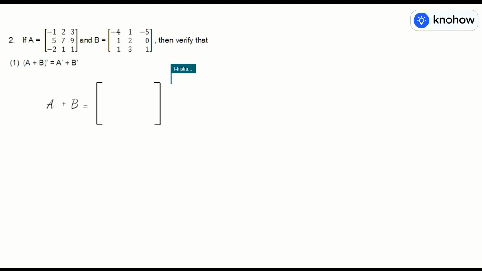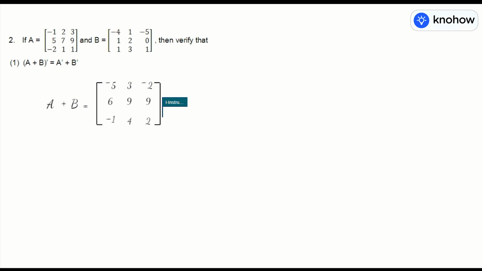So you have minus 1 plus minus 4, you get minus 5, 2 plus 1 is 3, and so on. So the value of A plus B you can write now yourself as minus 5, 3, minus 2, 6, 9, 9, and the elements of the third row will be negative 1, 4, 2. So this is A plus B.